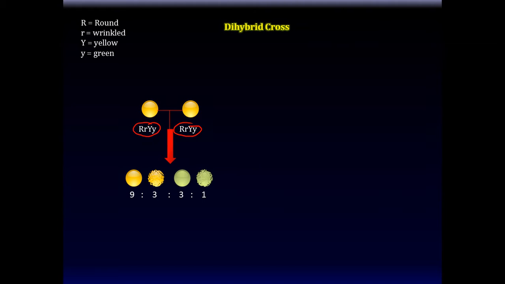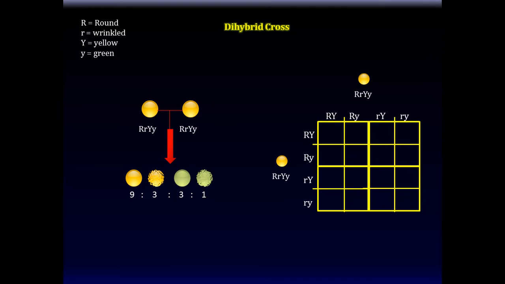You would never guess by looking at these plants that they could produce green or wrinkled seeds, because they'll all be yellow and round. The first question then is, how do you find these type of seeds in the first place? How do you make seeds that are heterozygous for each gene? We'll answer that question in a little bit.